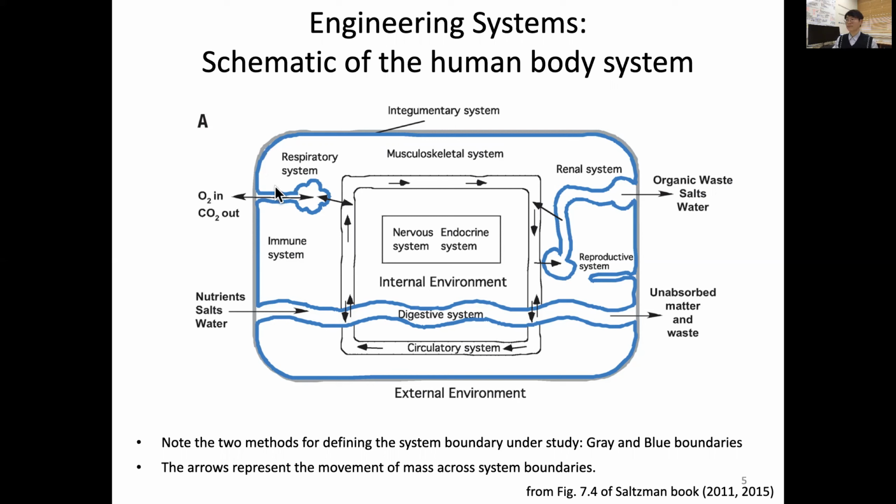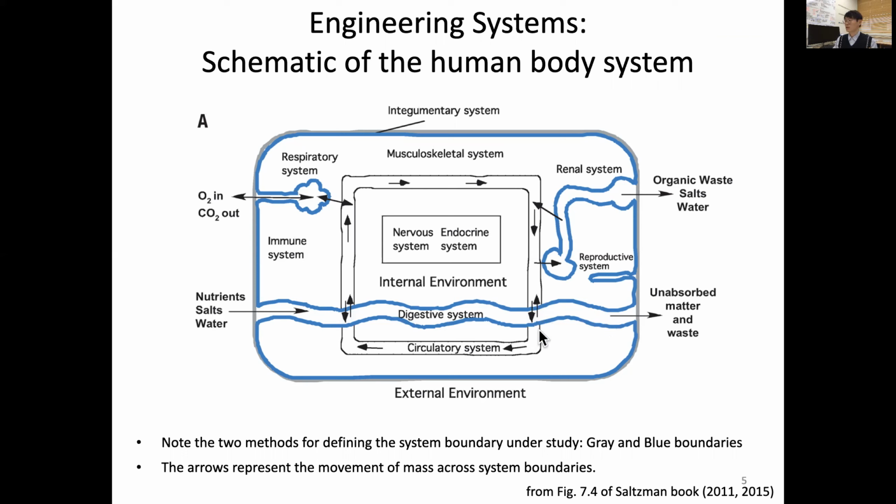For example, this is the lung or respiratory system, with oxygen in and carbon dioxide out. And let's consider from the mouth to anus, which is called the digestive tract or gastrointestinal tract. Through the mouth, nutrients, salt, and water get in, and through digestion we excrete unabsorbed matter and waste.